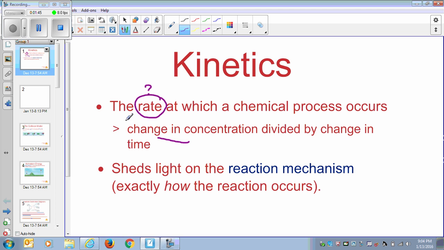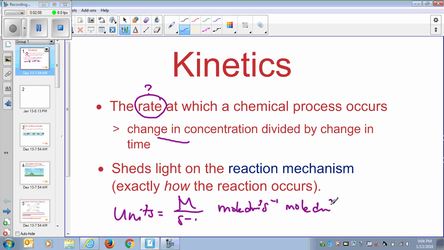We calculate the rate of reaction using the units moles per time. You can say moles per cubic decimeter per second or moles per cubic decimeter per minute.